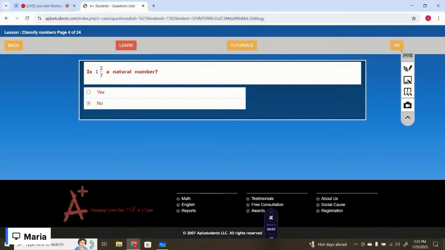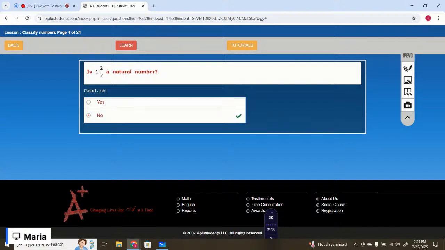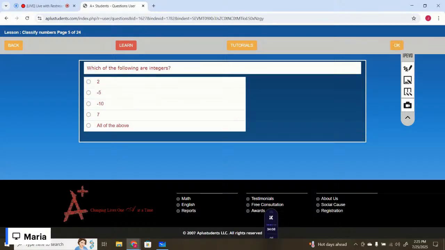Is 1 whole 2 by 7 a natural number? No, that is not a natural number. Which of the following are integers? 2, -5, -10, and 7. They all are integers, so all of the above.